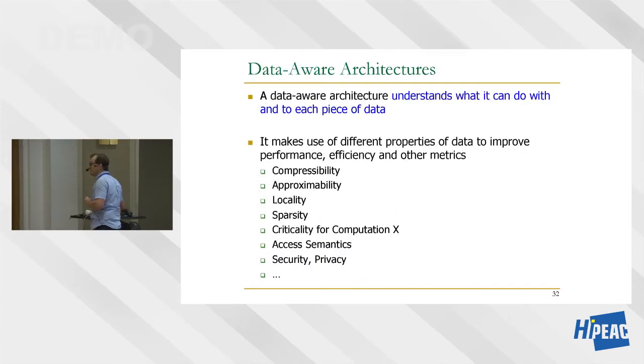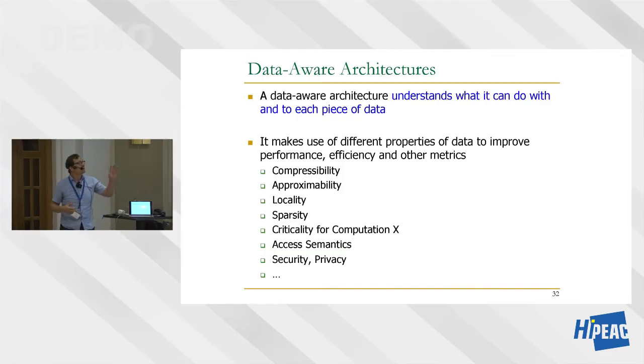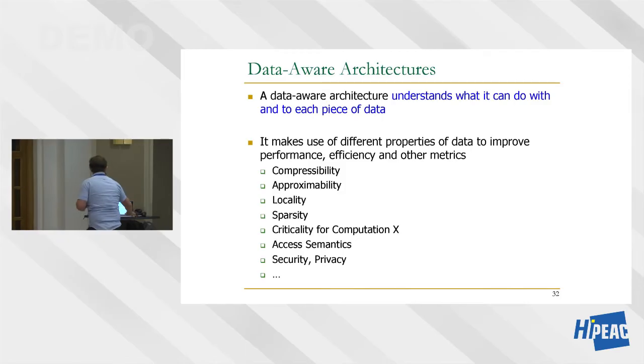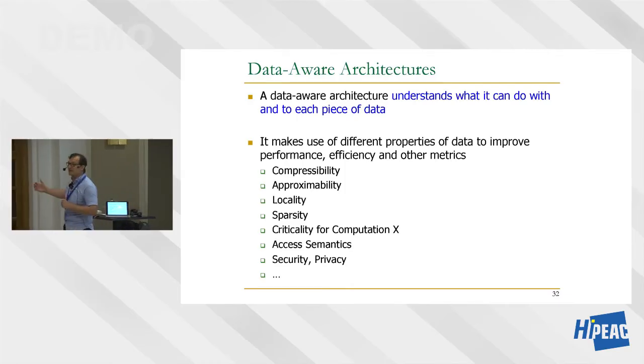So let's take a look at what a data-aware architecture, or data characteristic-aware architecture, may look like. I think the idea is to understand what you can do with and to each piece of data. You can make use of different properties of data to improve different metrics: performance, efficiency, and others. There are many different characteristics of data.